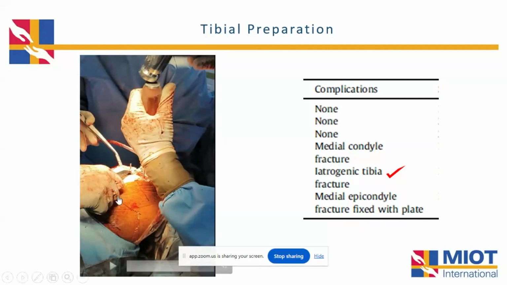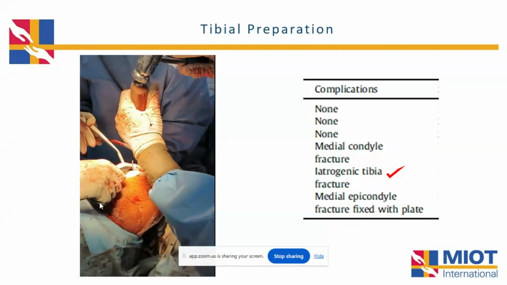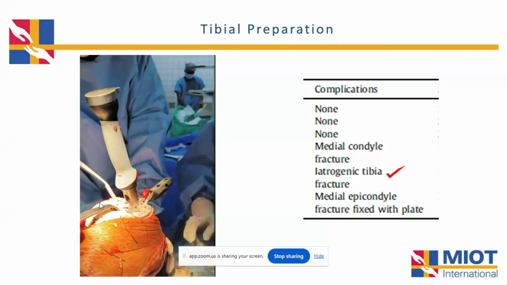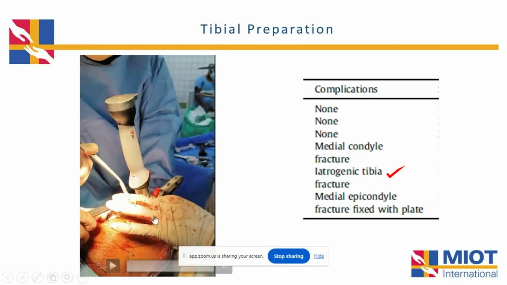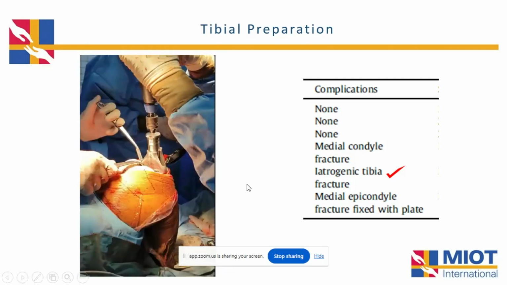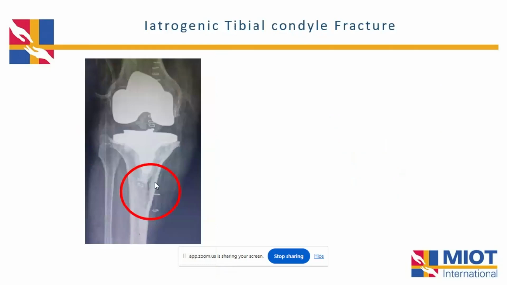So what we did is with the osteotome we tried to take off more bone before pushing the keel punch, and finally we got the keel punch in without any iatrogenic fractures. But I learned this the hard way, because earlier in one of my cases, when the medial bone was sclerotic and I was doing my keel punch, I was a little careless, and I landed up committing an iatrogenic fracture.